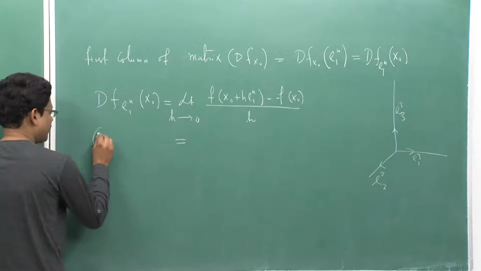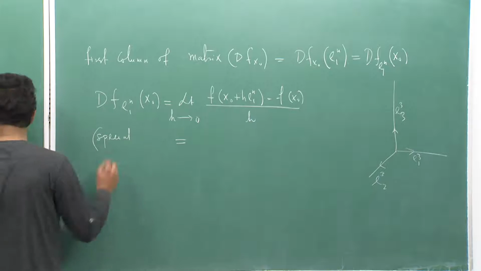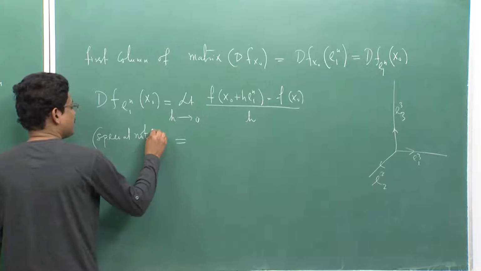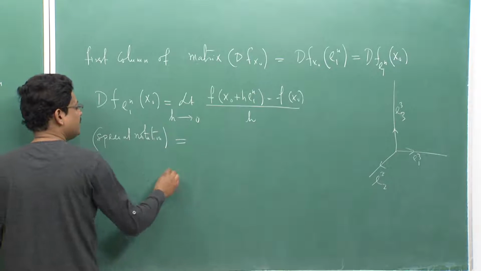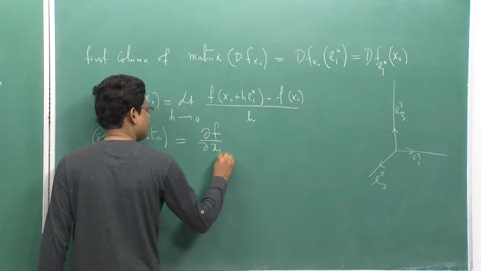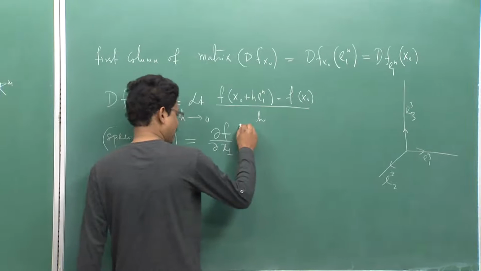So, this is a special notation for this particular direction. If I fix a canonical basis, we make a special notation for this limit and we call it del f del x1 at the point x naught.